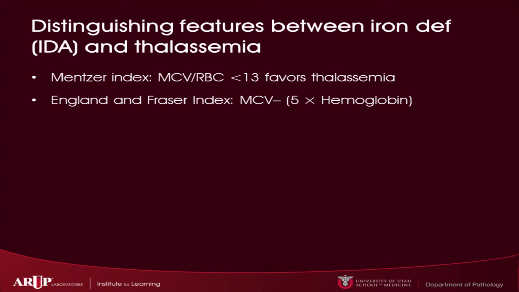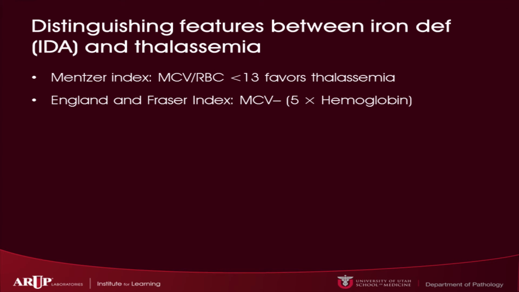For practical purposes, for day-to-day practice, I really don't use this index or determine the ratio. Basically, this ratio is telling me that in cases of thalassemia, the red blood cell count is either normal or in the higher range of normal, and MCV is in the lower range of normal or much lower compared to the red blood cell count.